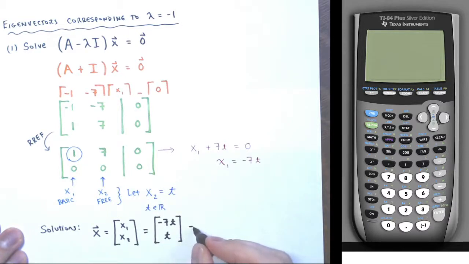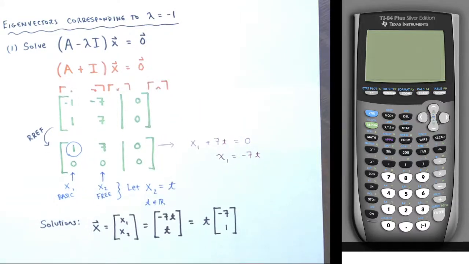Do you notice how each of these has this free variable parameter t in it? Let me pull that out. That's like a scalar, times the vector negative 7, 1. So all of these make up what's called the eigenspace of lambda equals negative 1. Let me write that.